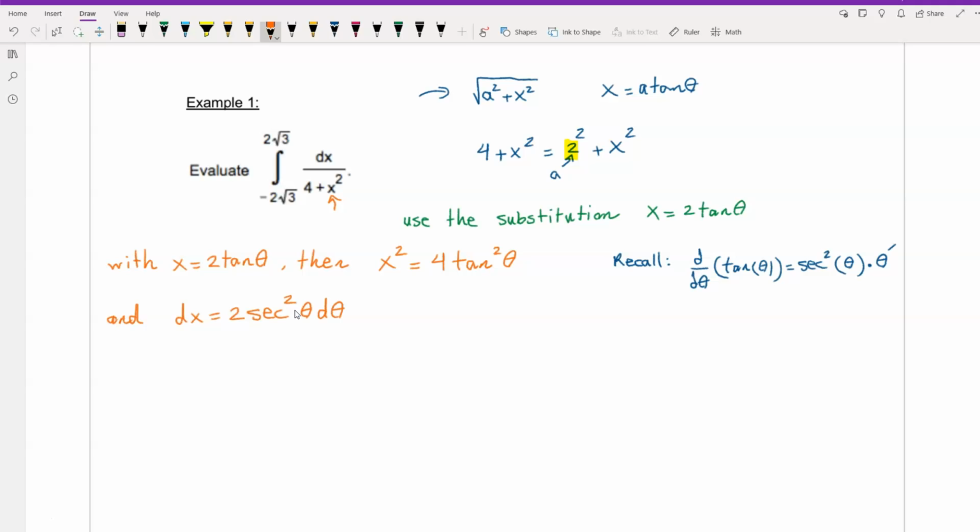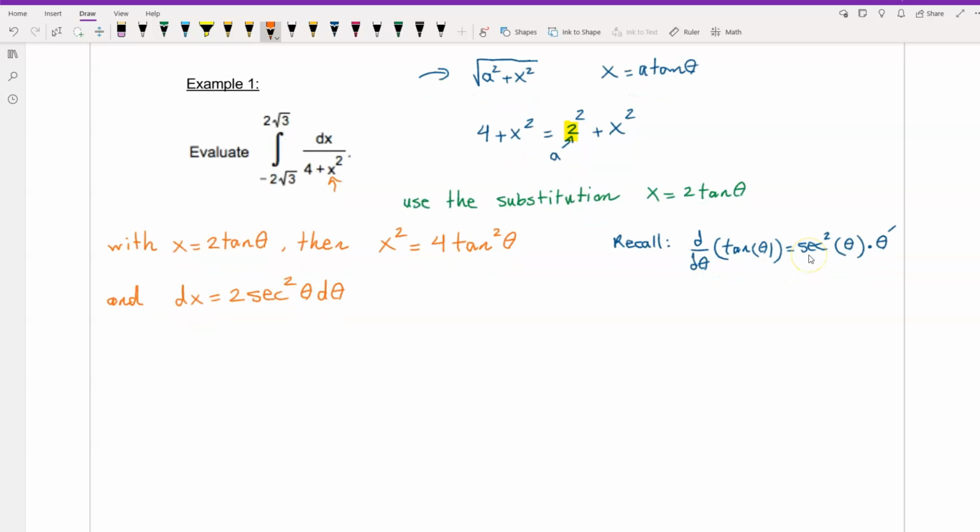And then we have to find the derivative of what we have here for x. Recall that the derivative of tangent with respect to theta is secant squared theta times theta prime. So based on that, dx is equal to 2 times secant squared theta d theta.